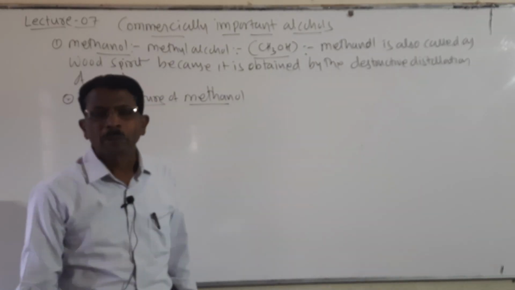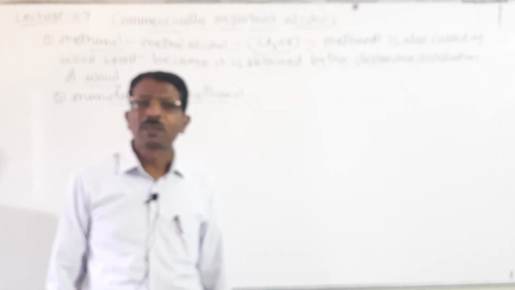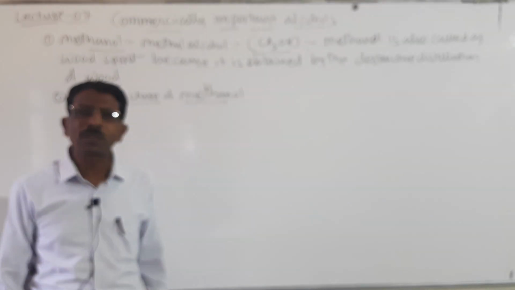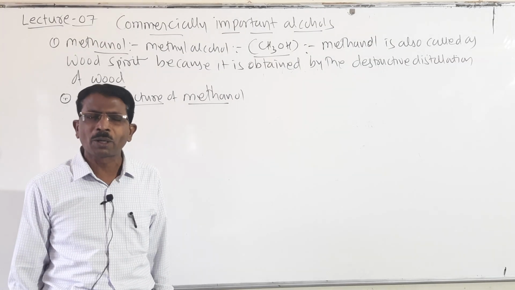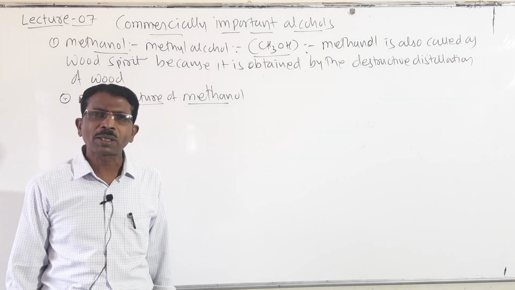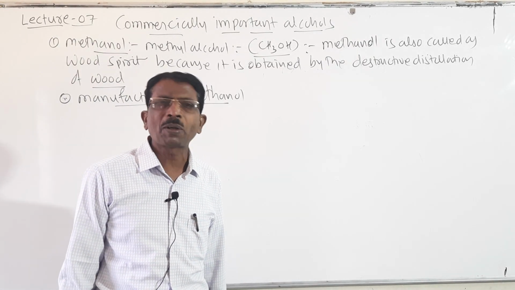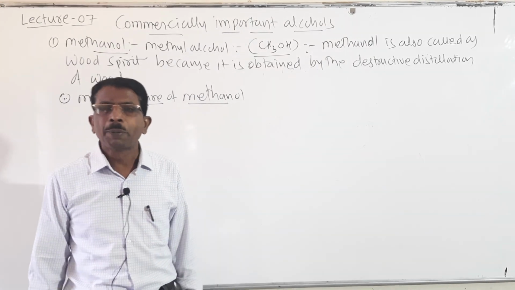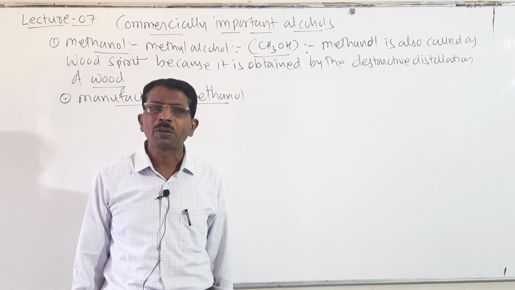Look here students, a mixture of carbon monoxide and hydrogen is called water gas. When this mixture is heated to high temperature at about 573 to 673 Kelvin at about 300 atmospheric pressure, in presence of zinc oxide and chromic oxide catalyst, it forms methanol.